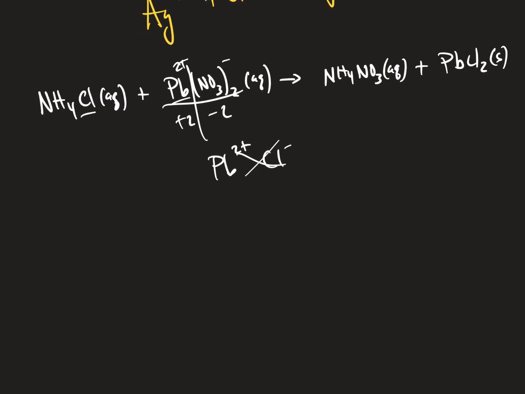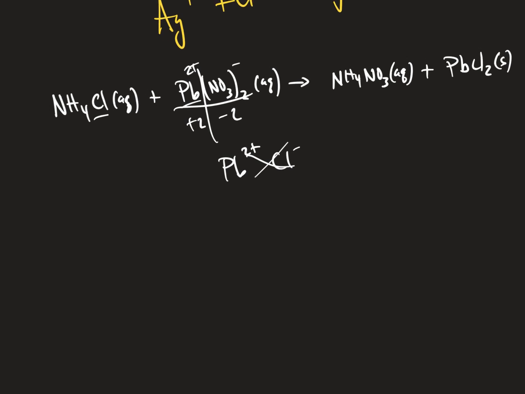Okay, our next step is we got to balance this, right? Okay, we got one NH4 on each side. That's good. We have two nitrates on this side, but only one over here, so we have to put a 2 right there, yeah? So that means I better put a 2 over here, because I just have two ammoniums.